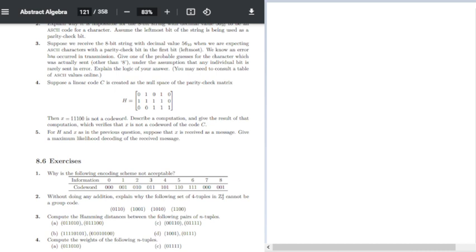If the second digit is flipped, oh wow, that's actually kind of nasty. You would need to flip both the second and the fourth digit, or the second and fifth, fourth and fifth. Yeah, okay. That was definitely rough.